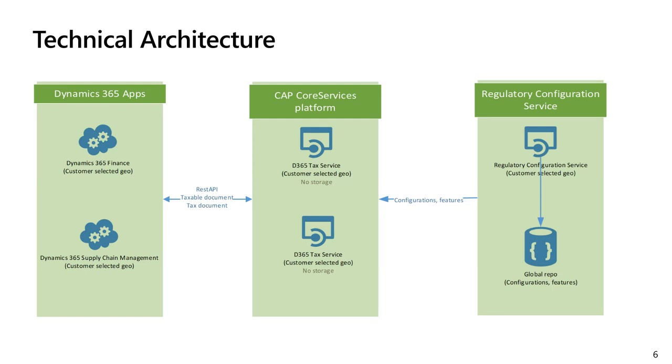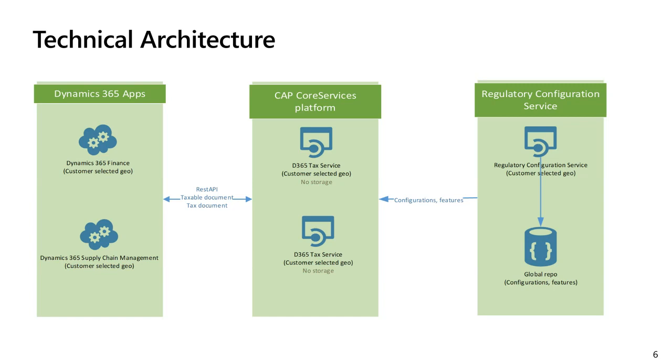Based on that, the second step will create a feature inside the regulatory configuration service by utilizing the configuration, either from Microsoft or your configuration derived from the Microsoft configuration. For the feature, the user will create rate and applicability rules to determine how tax will be calculated and what kind of tax code will be applicable for the transaction.